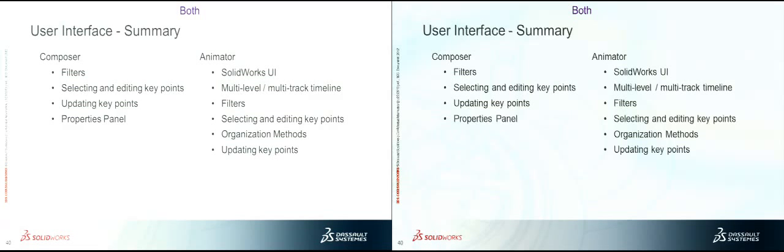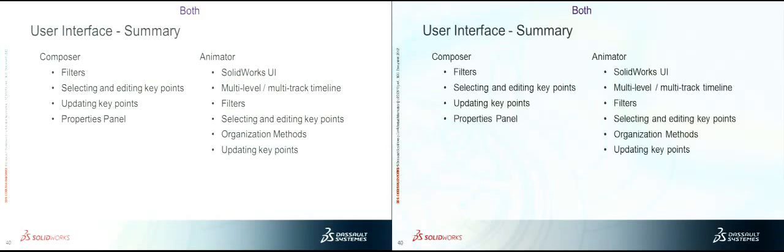So just in summary, when you're dealing with Composer, you've got filters in order to navigate through the timeline and talk about specific items. Also, we talked about selecting and editing the key points. We can update those, and most of the changes in Composer are done through the properties panel. And on the Animator side, you saw what our user interface was.